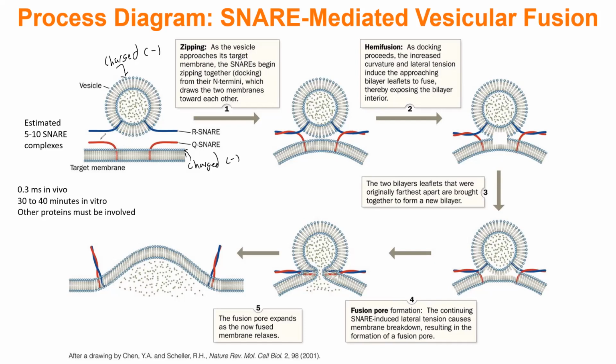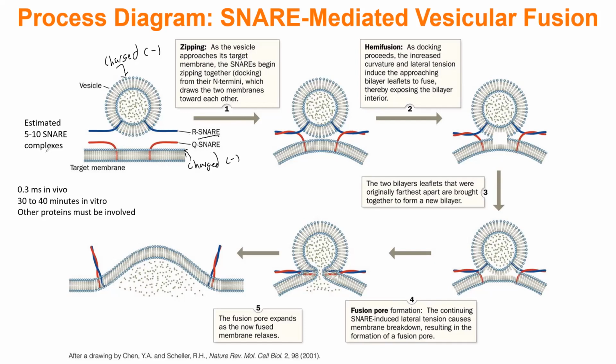So there are various proteins inside the vesicles and on the plasma membrane that help to speed up fusion. The ones we're going to look at are called SNAREs. Here we have R SNAREs and Q SNAREs. The R and Q stand for the amino acids arginine and glutamine.